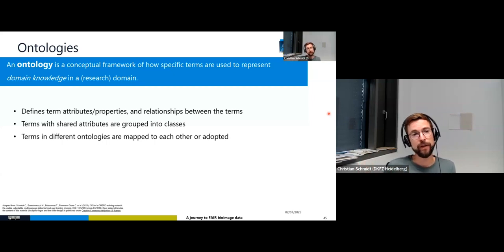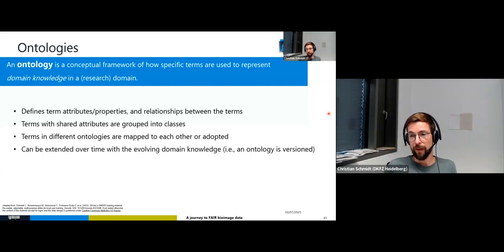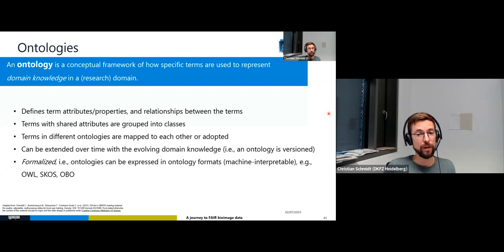And if there are two ontologies, they can be mapped so that this can be adopted. Of course, domain knowledge is extending. That's why we do research. So they are evolving over time, and that is why those ontologies are typically versioned. And this is very important. They are formalized. So those ontologies can be expressed in a specific ontology format that a computer can read.